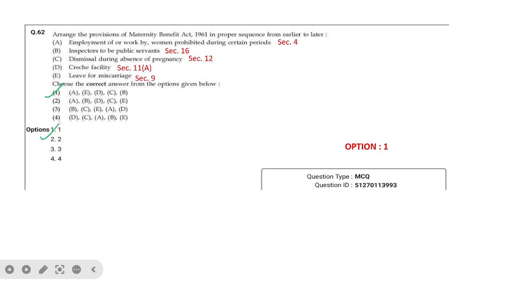Employment of or work by women prohibited during certain periods, section 4. Then leave for miscarriage, section 9. Then crèche facility, section 11A. Then dismissal during absence of pregnancy, section 12. And then inspectors to be public servants, section 16.